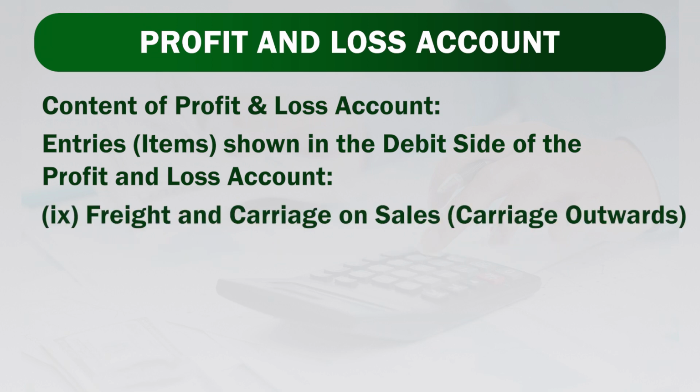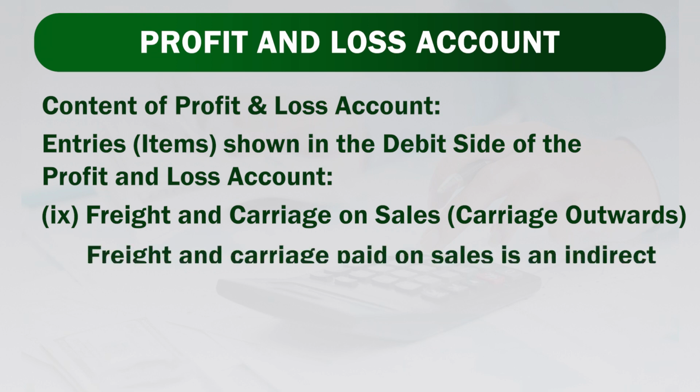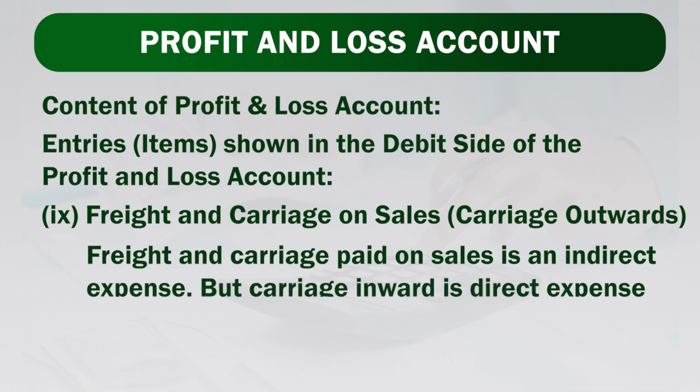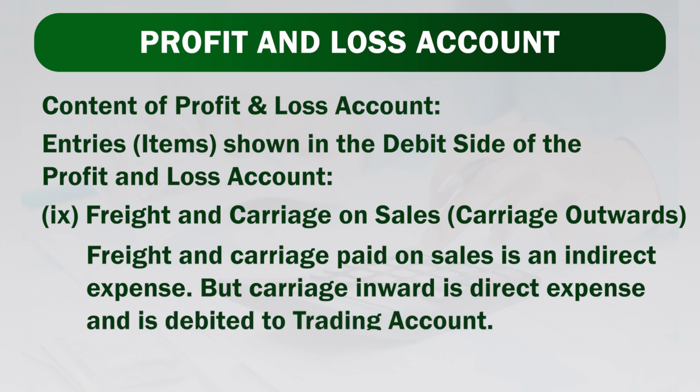Friends, see here, freight and carriage on sales, that is carriage outward. This is the part of profit and loss account, but carriage inward is always part of trading account. Freight and carriage paid on sales is an indirect expense, but see here it is a repetition to remind you this, but carriage inward is direct expense and is debited to trading account.